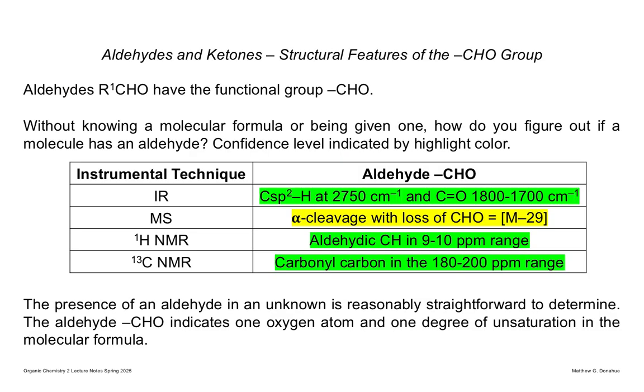So what are the structural features of the CHO group? Aldehydes really, I think, have a lot of signature data in the different techniques, highlighted in green there, which will increase your confidence the most to say, okay, that CHO is in there.